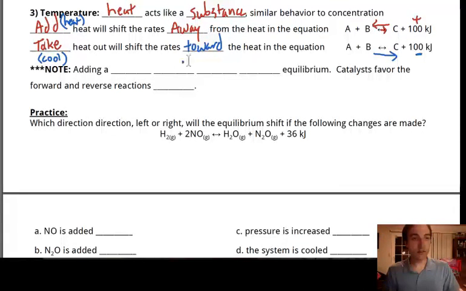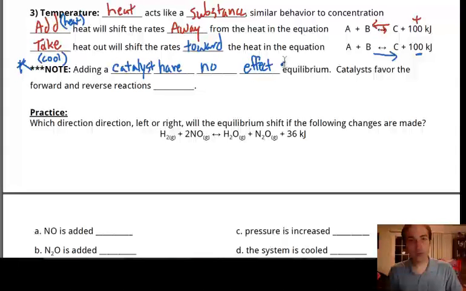Okay, the last little extra tidbit I want to give you is kind of like that inert gas thing. Yesterday we talked about different ways that you can affect the rate of a reaction, and one of the things that we talked about was a catalyst. Catalysts, it turns out, have no effect on equilibrium.